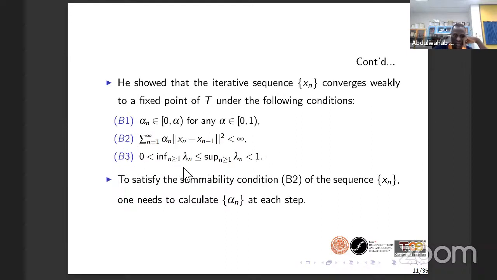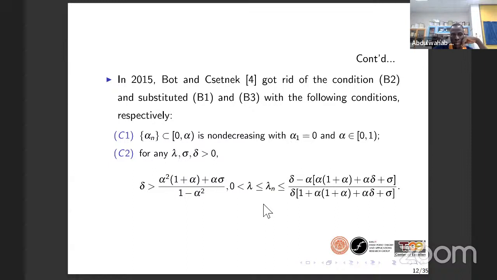We can easily observe that condition B2 is very strong and strict to attain. So in order to get rid of this strong condition, Bot and Csetnek suggested using conditions C1 and C2 to replace B2 and B3.